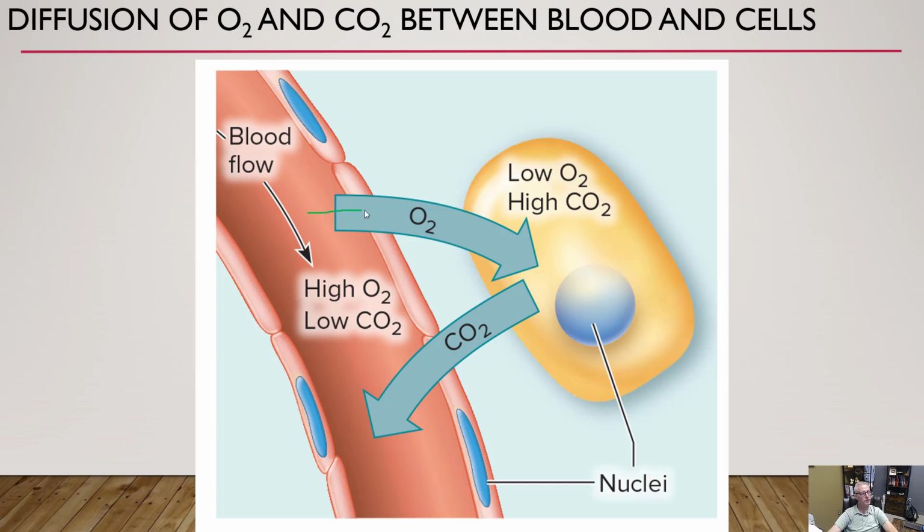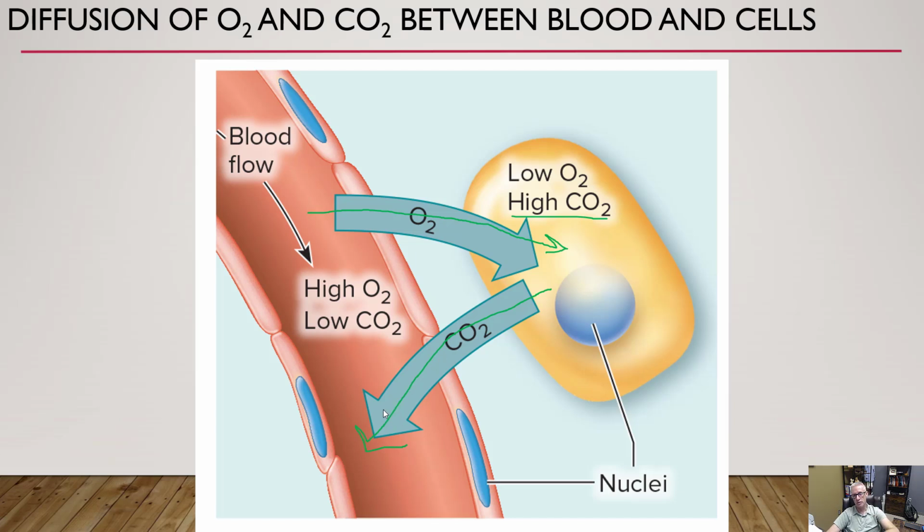So oxygen is going to diffuse from the bloodstream into the cells, and we also have a higher concentration of carbon dioxide in the cells versus the bloodstream. So carbon dioxide is going to diffuse from the cells into the bloodstream.